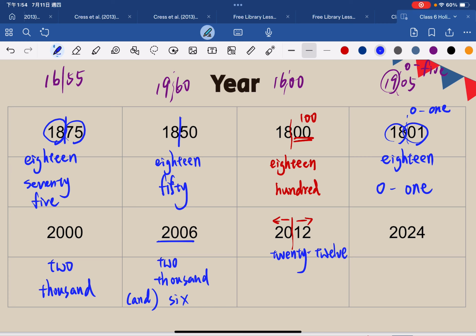Also we have two thousand twelve. Then the last one, the year we are in right now is called 2024. You might also hear twenty twenty-four, but two thousand twenty-four is a more common way to say it.